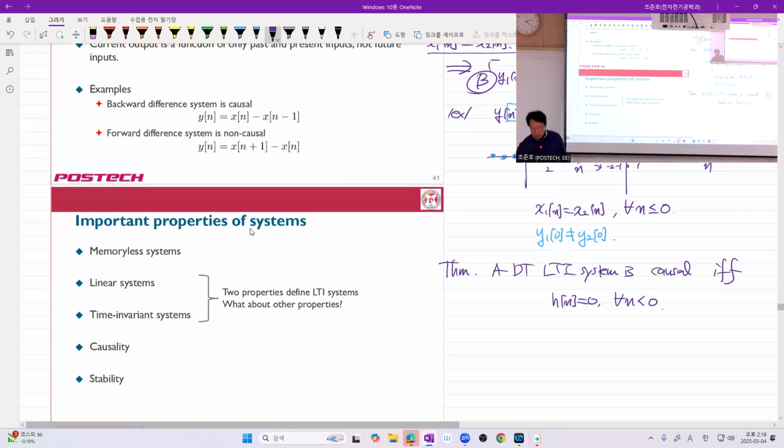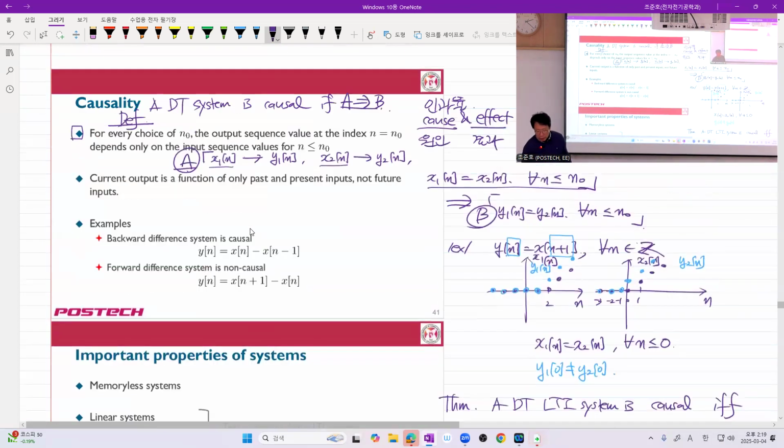Now let's apply this theorem to this example. By the way, does this input-output relation give you a linear time-invariant system or not? First, is this relation linear? Yes. Is this system time invariant? Yes. So what is the impulse response?